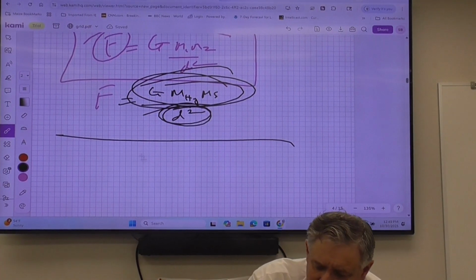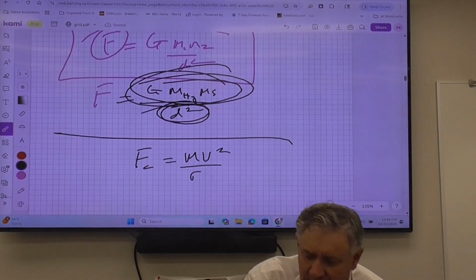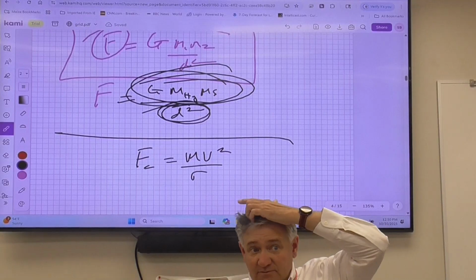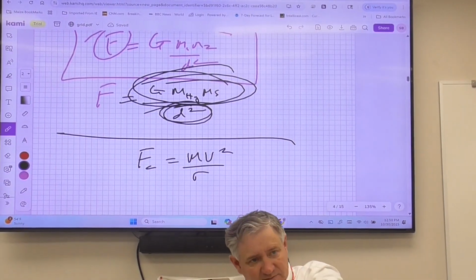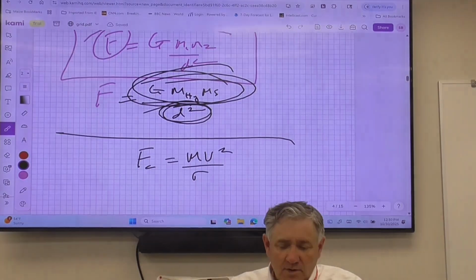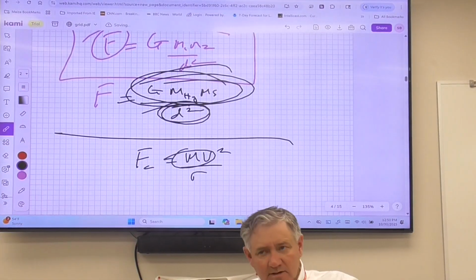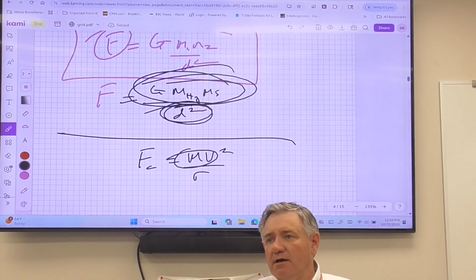So if you look at the idea that centripetal force equals mv squared over r, okay? Basic idea of centripetal force. This is why you have to learn centripetal force before you learn gravitational field. So is that mass going to be the mass of Mercury, or the mass of the Sun? Mercury. Why?